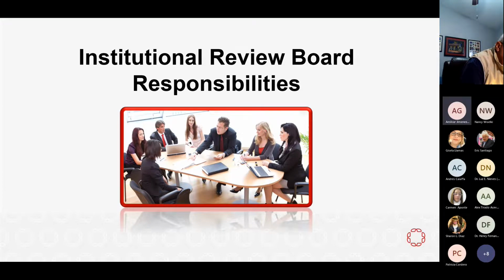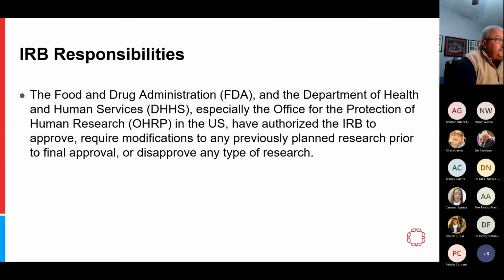What are some of the responsibilities of the IRB? Well, the Food and Drug Administration, the FDA, the Department of Health, and the Office for Human Research Protections in the United States have authorized the IRB to require modifications to any previously planned research prior to its final approval, or to disapprove any type of research.